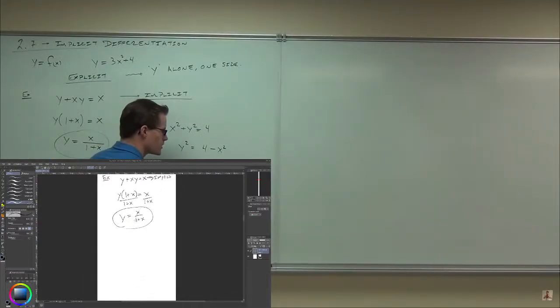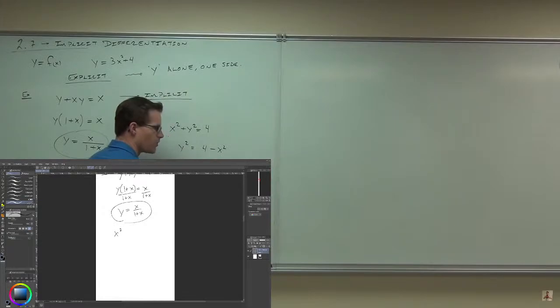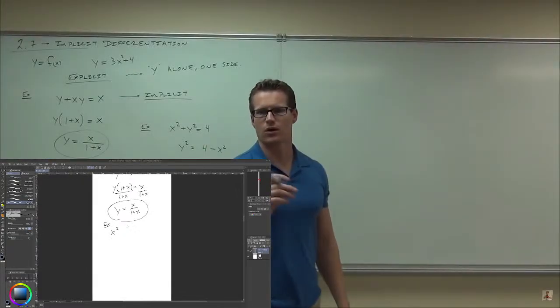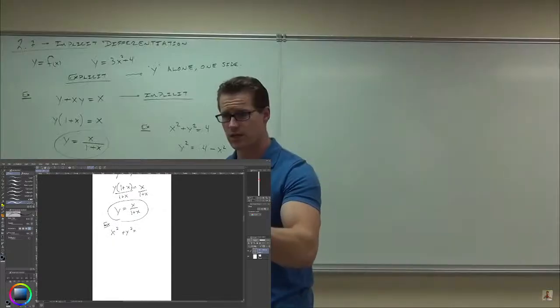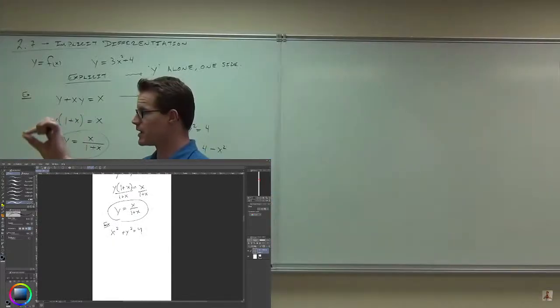Okay, let's try. We solve for y. We're going to get y squared equals 4 minus x squared. And how would you get y by itself? So y would equal the square root of 4 minus x squared. True or false? Think carefully. What's wrong? Very good, because when you take a square root, you have to put the plus and minus, right?